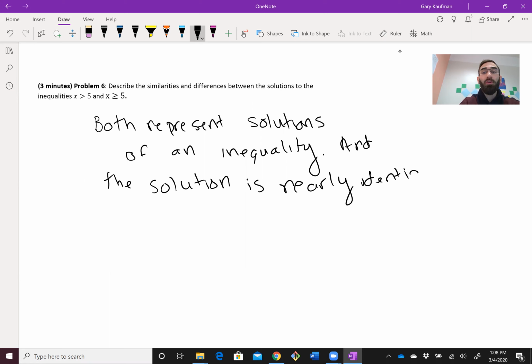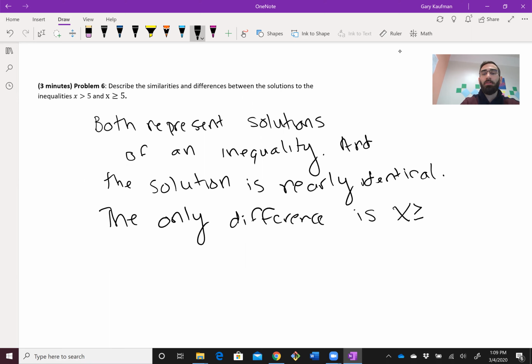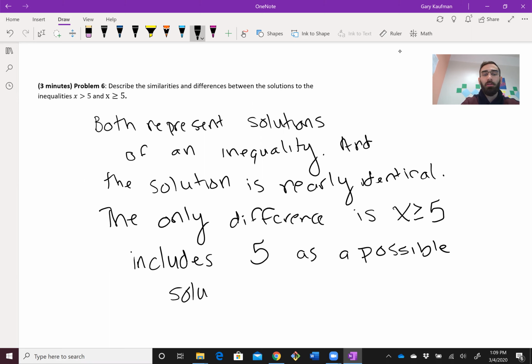The only difference is x is greater than or equal to 5 includes 5 as a possible solution. Other than that, they have the exact same solution. So there's your answer to problem 6. Now we'll go on to 7 and 8, which are 2 more word problems.